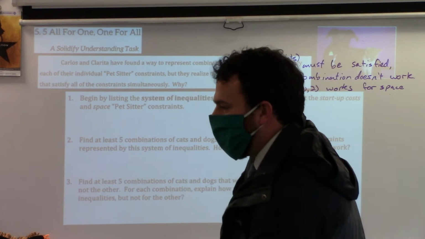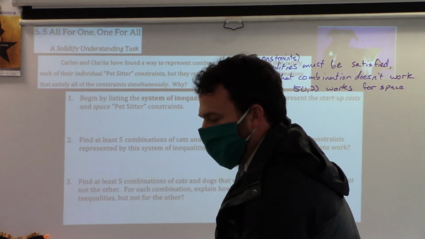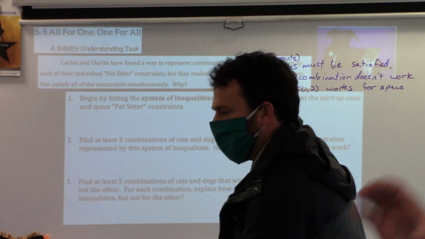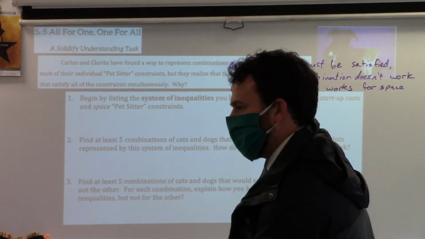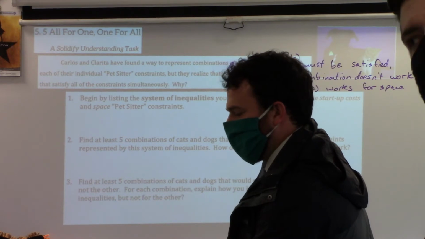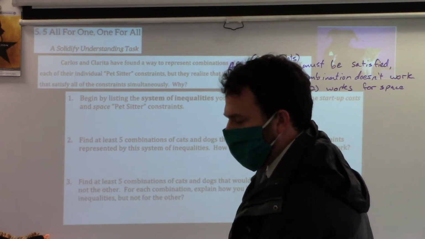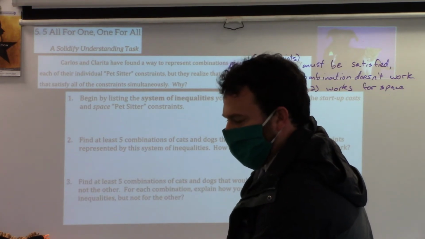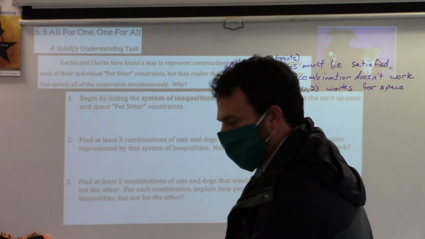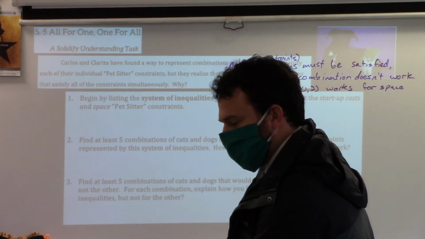One day we talked about, if you have 2 inequalities and put them together, we use something to denote that it's a system and to put them together. What do you think about that idea that 32x plus 80y is less than or equal to 1280 represents the startup cost?